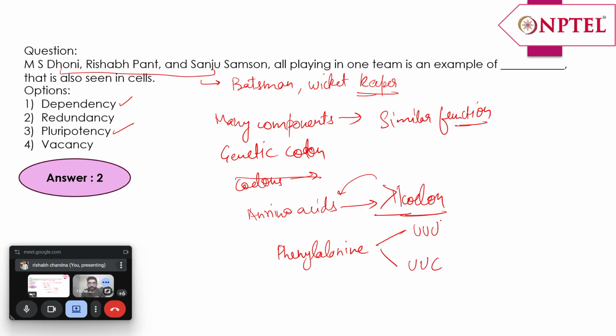If UUU is present, it will code for phenylalanine, and UUC will also code for phenylalanine. So if either of them is present, then phenylalanine will be present. That's how redundancy takes place in the case of cells. This is the best and simplest example that I can give.